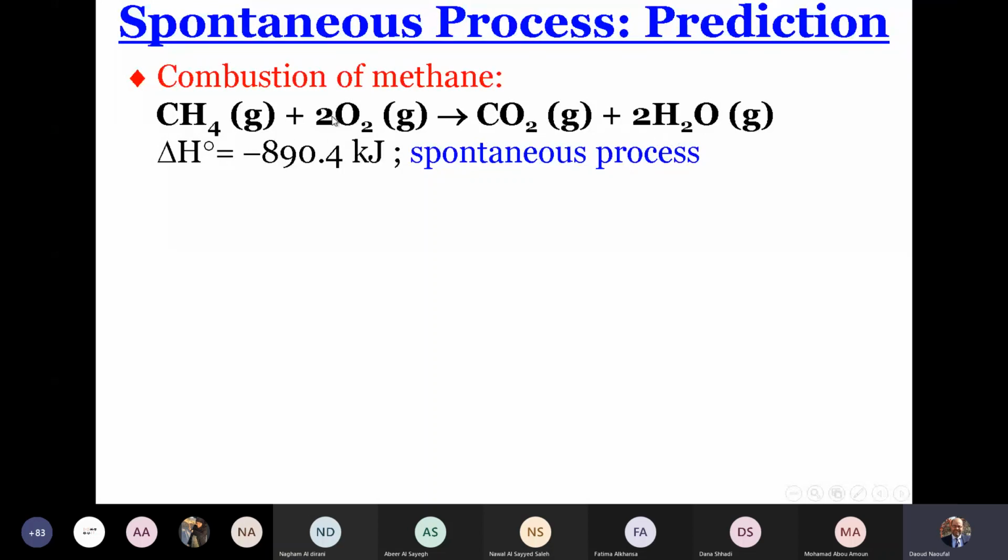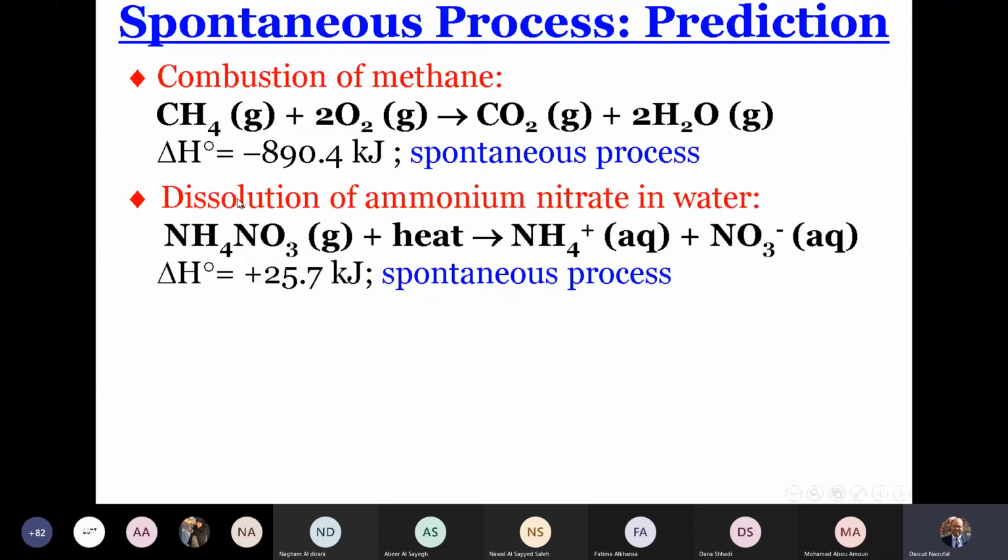The reaction of combustion is always exothermic and delta H equals minus 890.4. This reaction is spontaneous and the reaction is exothermic. Consider another reaction, another dissolution, which is the dissolution of ammonium nitrate in water.